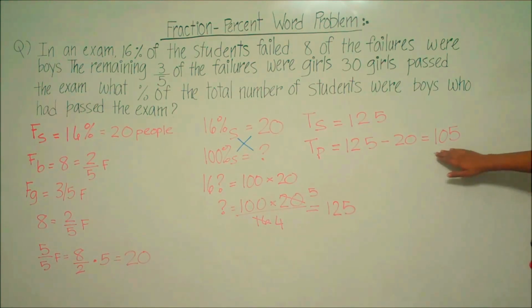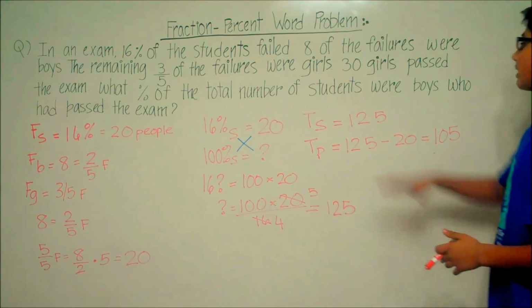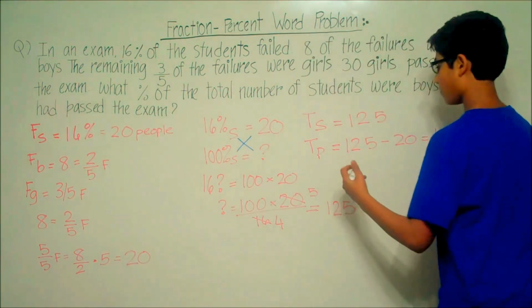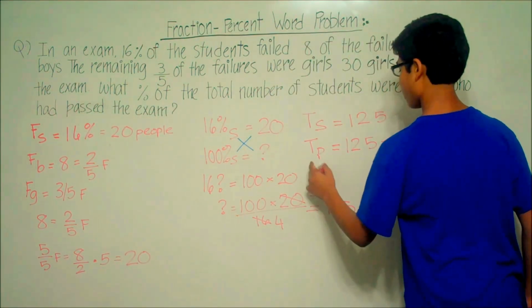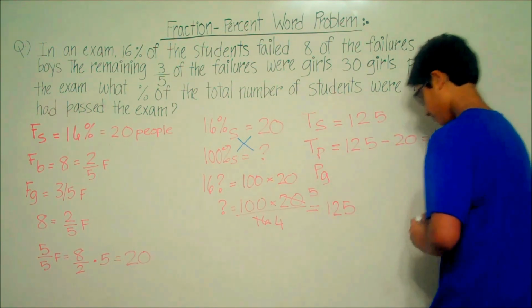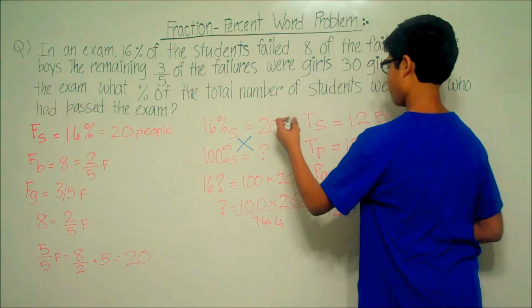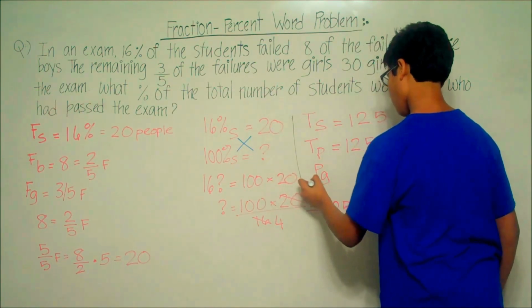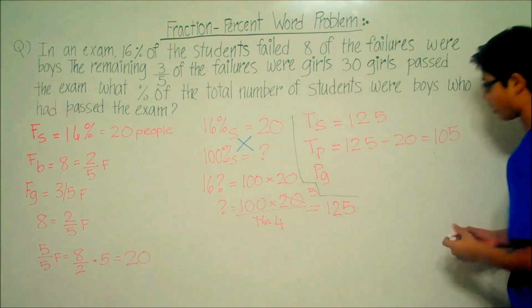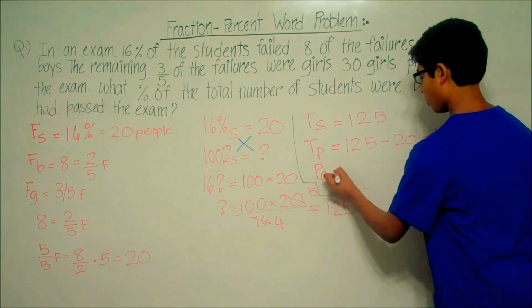Now, out of these 105 students, we know that there were 30 girls who passed the exam. So this means that the passing girls, P for passing, G for girls, are equal to 30.